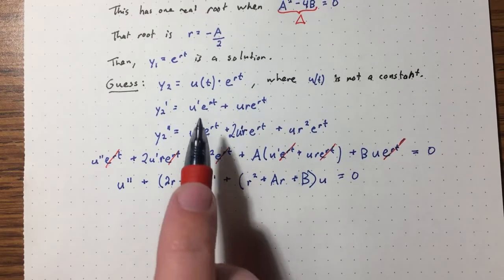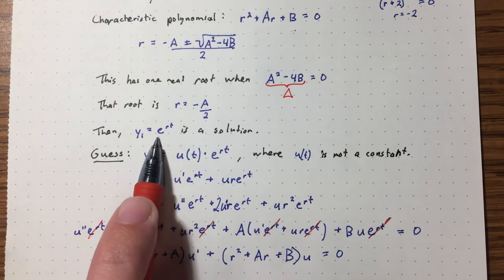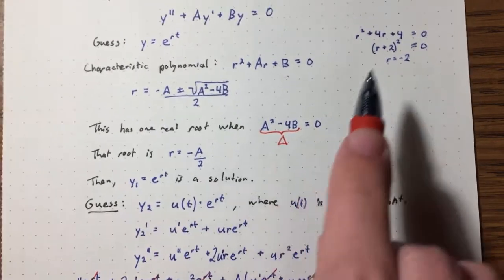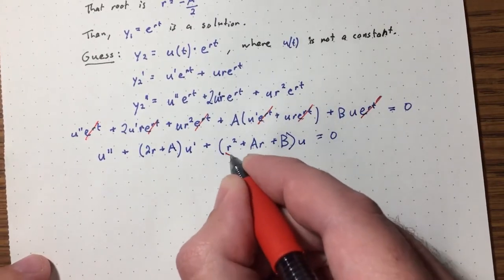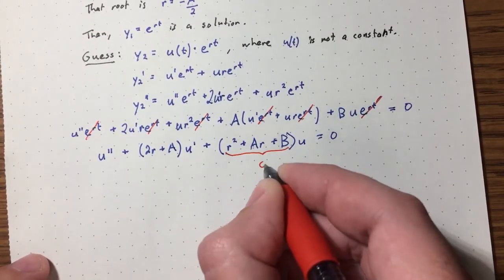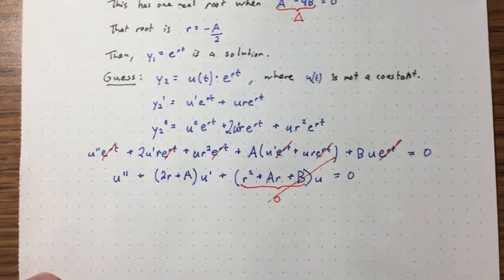What is r? r is this part of the solution that came from taking a root of this polynomial, right? So r is a root of this polynomial, which means this is just 0. So this term goes away completely.